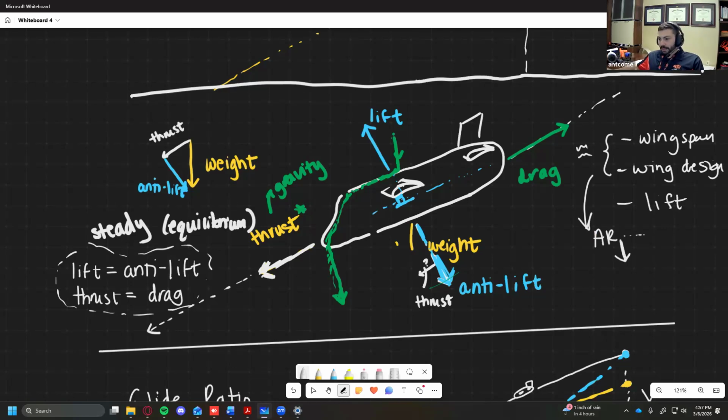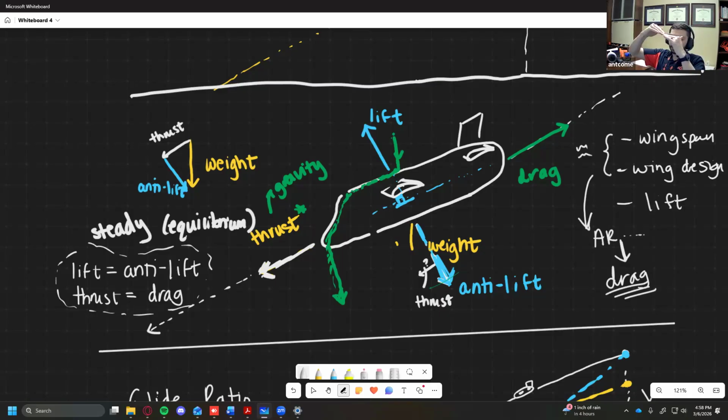Well, looks like Ben got it. Drag. Drag is your biggest enemy. Drag is the reason why you have to pitch forward in the first place. Because if there was no drag, you wouldn't even need to pitch down, because we don't need any thrust, right? But the more drag you have, the more you have to pitch down.